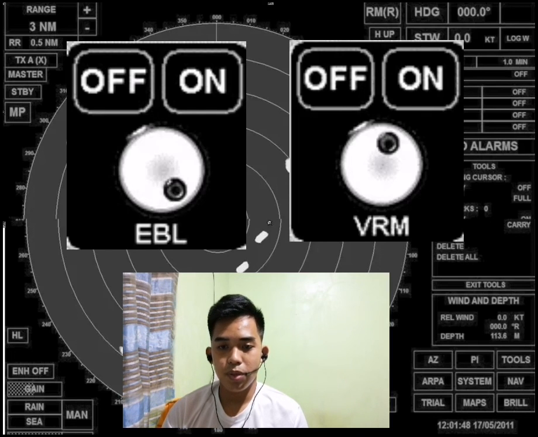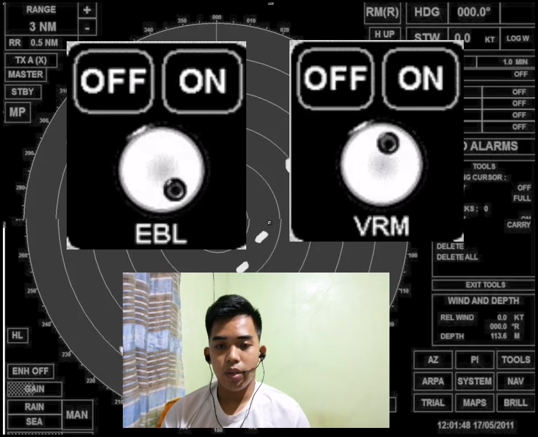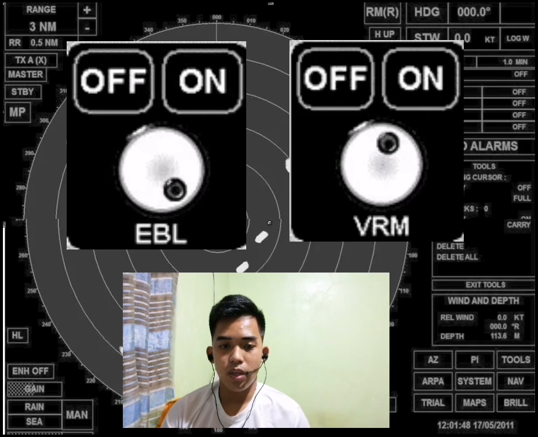The variable range marker or the ring is used to obtain the distance from the sweep center to any position on the display.